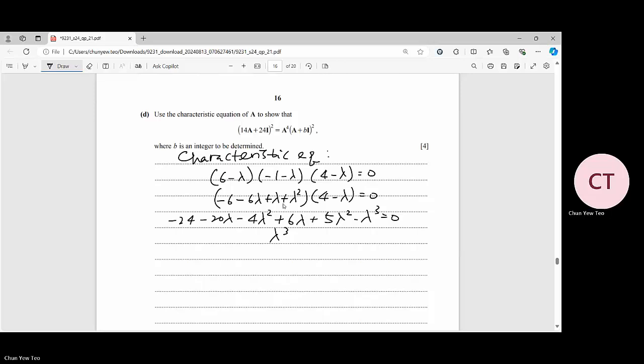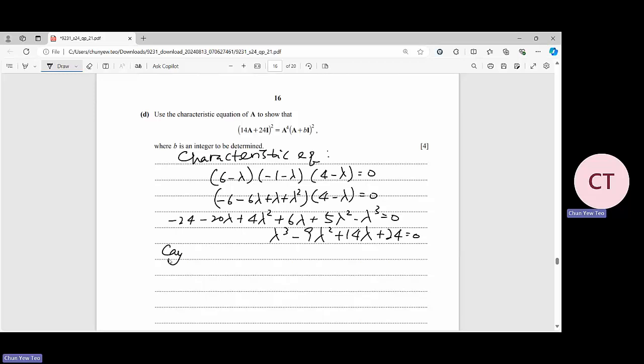Lambda squared, positive 6 lambda squared, -5, positive 5 lambda squared. Then this one, positive 4 lambda squared. I made a mistake here, sorry. So this one is -9 lambda squared. Then you have positive 14 lambda, then plus 24. That is your characteristic equation.